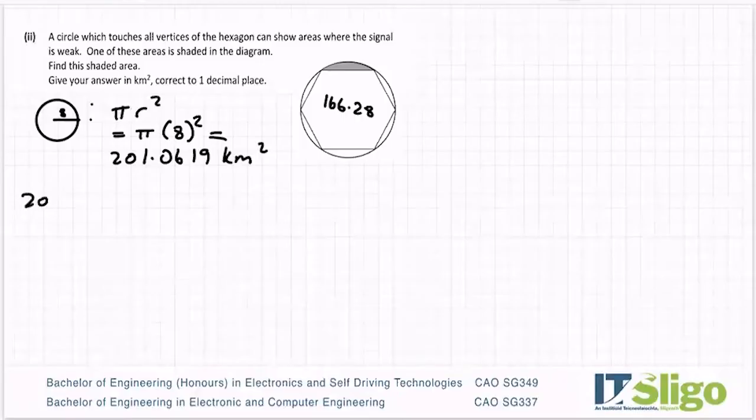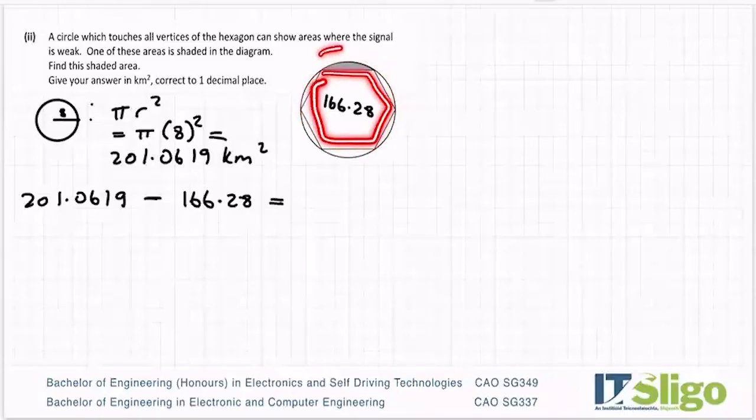Let's get the difference: 201.0619 minus 166.28. I'm subtracting the area of the hexagon from the area of the circle, so I'm going to get all these outside pieces here. And I am getting 34.7819.